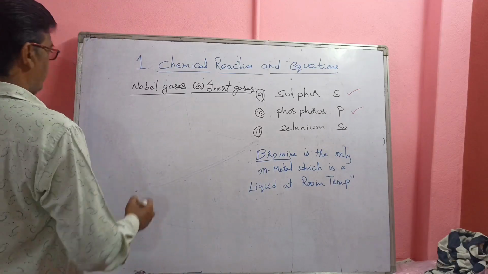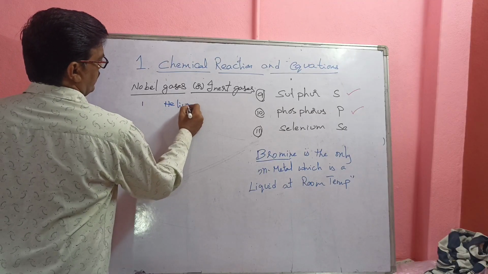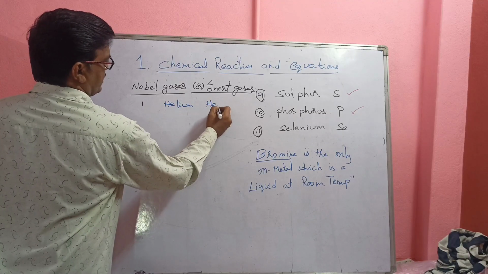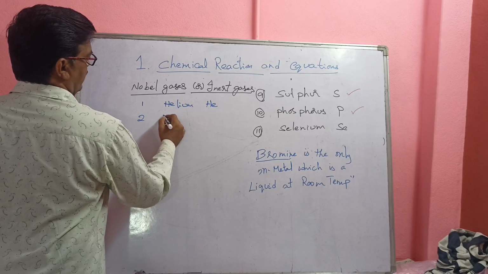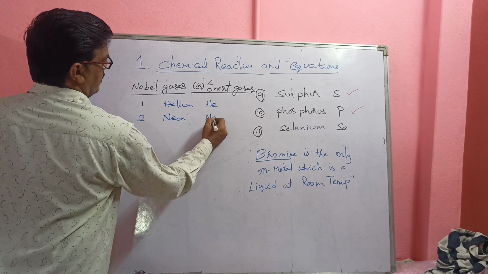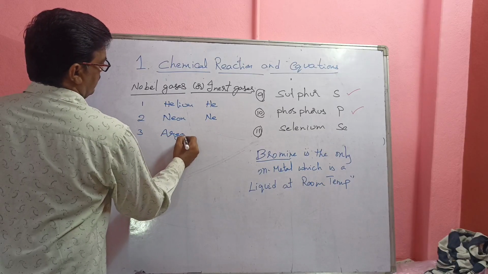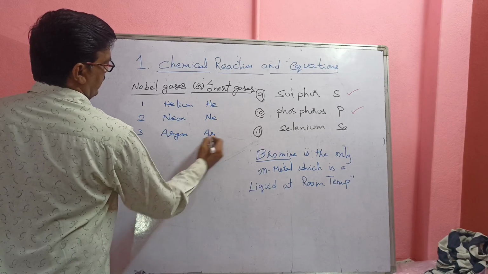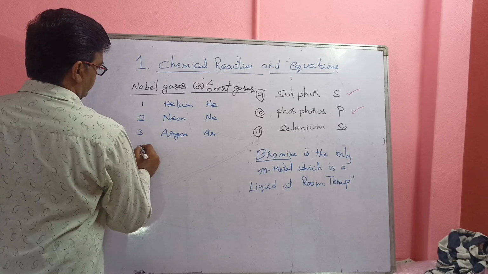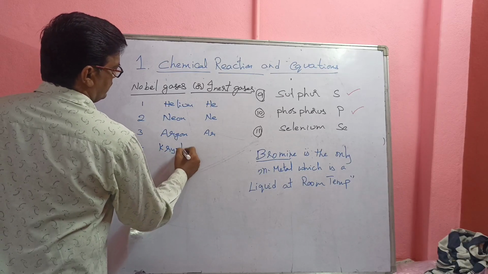So what are they? The first one is helium, and its symbol is He. Second one, neon, Ne. Third one, argon, Ar. Fourth, krypton.